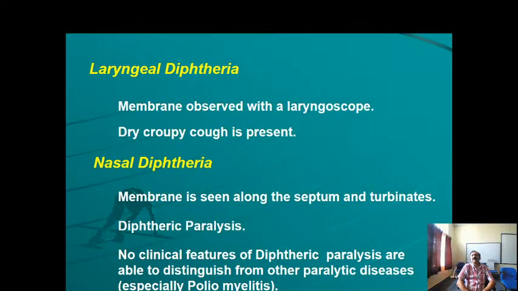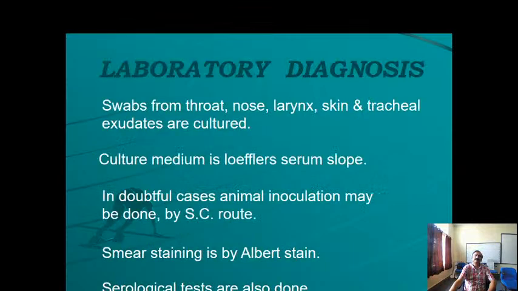Membrane is observed with a laryngoscope in laryngeal diphtheria. A dry, croupy cough is present in laryngeal diphtheria. In nasal diphtheria, the membrane is seen along the septum and turbinates. Diphtheritic paralysis may occur. You have to differentiate between diphtheritic paralysis and poliomyelitis. Be careful about that.